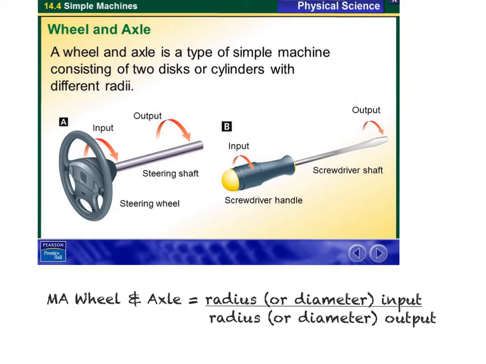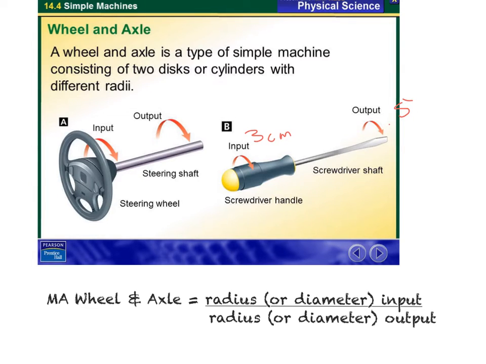You can take either the radius or the complete diameter of the input force and divide that by the output force. So that means the thicker the handle of the screwdriver, the more efficient or the more easy it will be to turn a screw. If you have a screwdriver that has a very thin handle, that means it will be much more difficult to turn a screw.